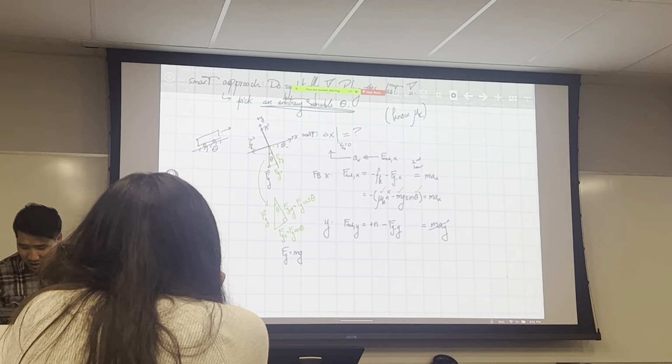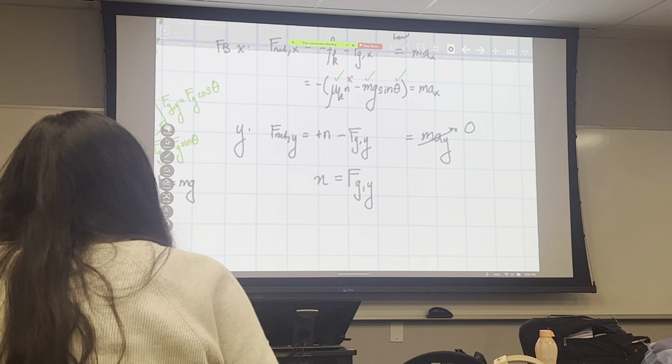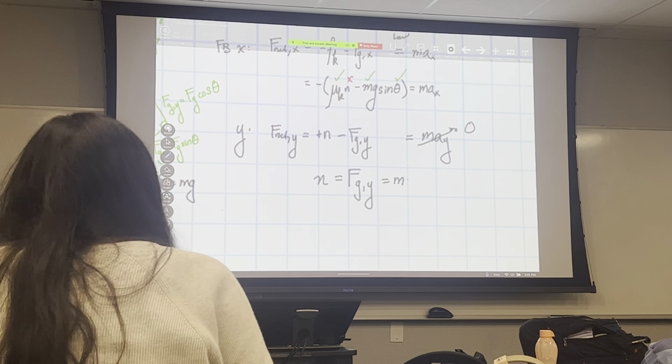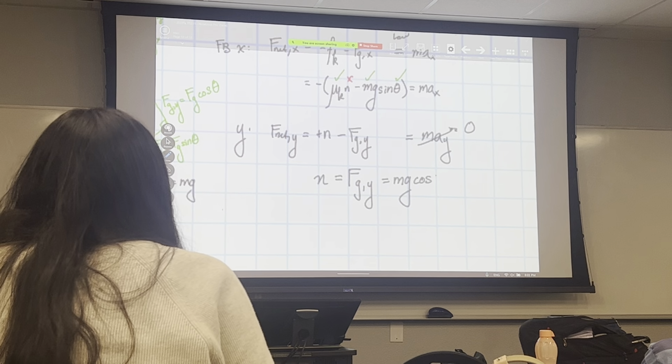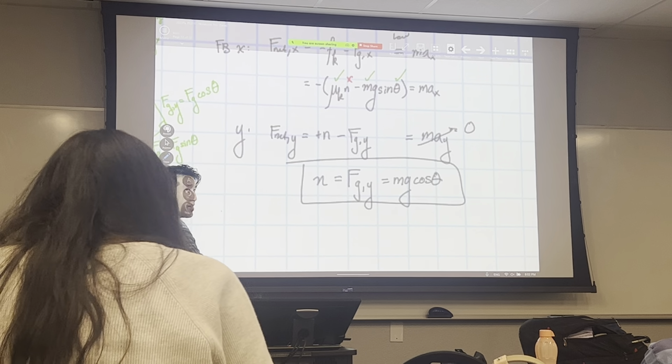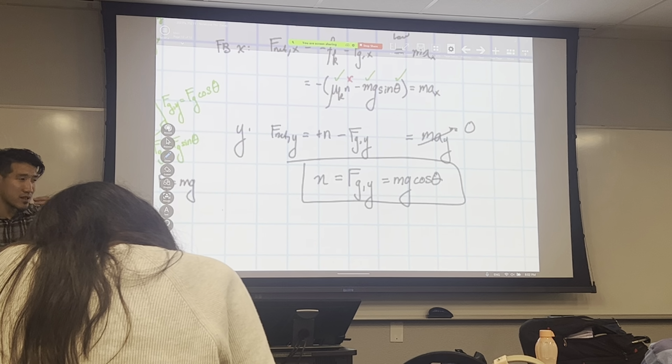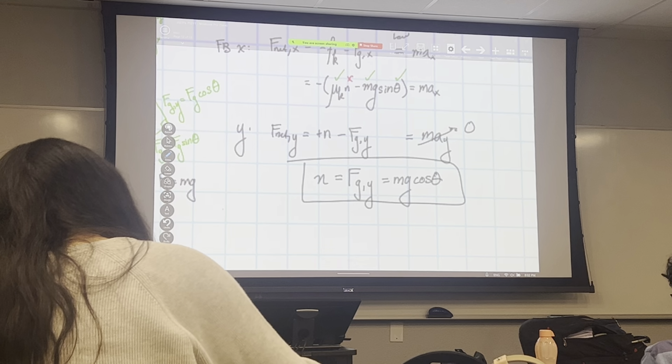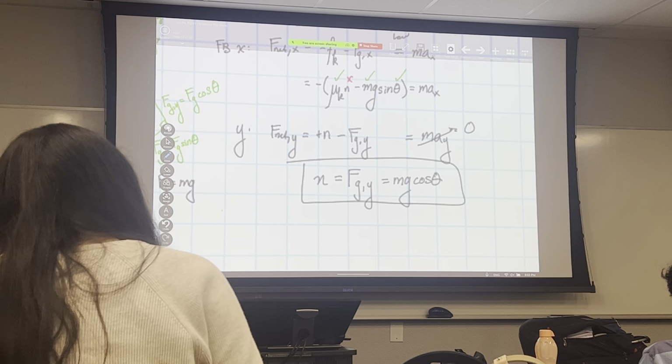So then the normal force is going to be equal to Fg in the y direction, which is going to be mg cosine of theta. And notice it is not just mg. There is the theta dependence because we are at an angle. The normal force is not mg.